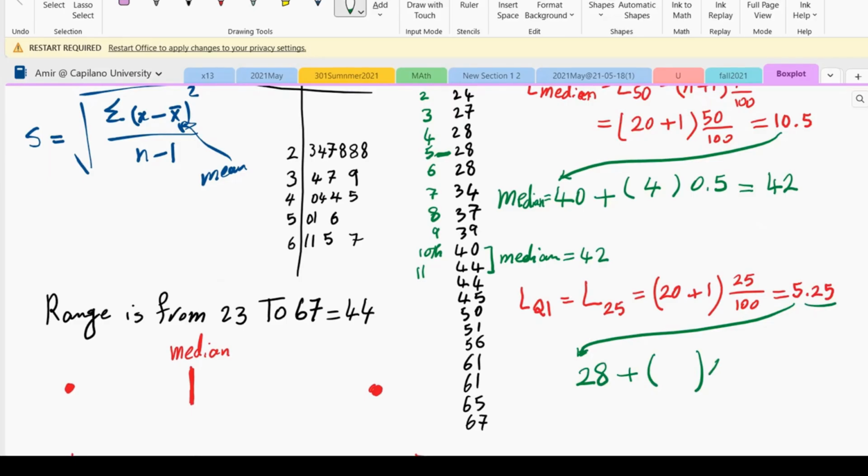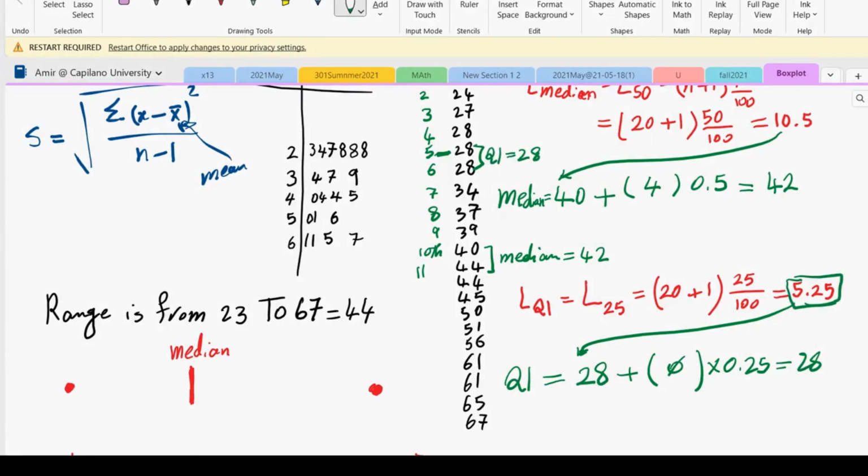Whatever that distance is, we have to multiply it by 0.25. Now, what is the fifth observation? 28. Sixth observation is again 28, and this distance is actually 0. So quartile 1 itself, the number that 25% of observations are less than, is 28.